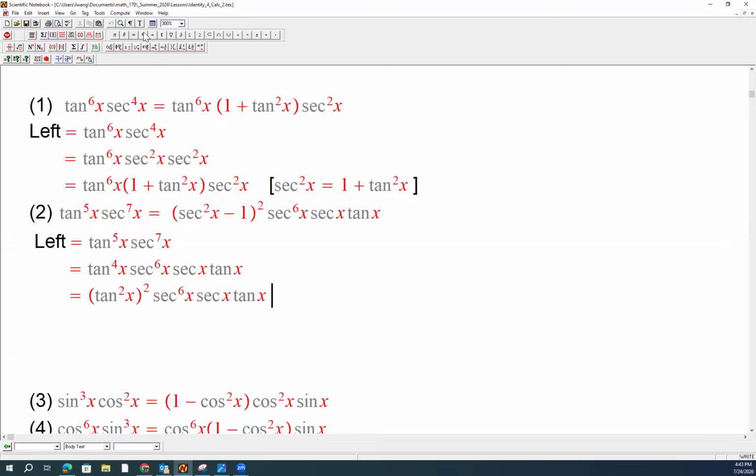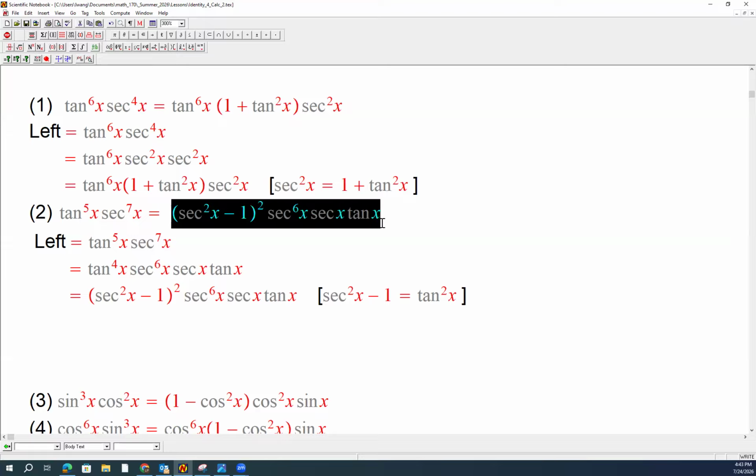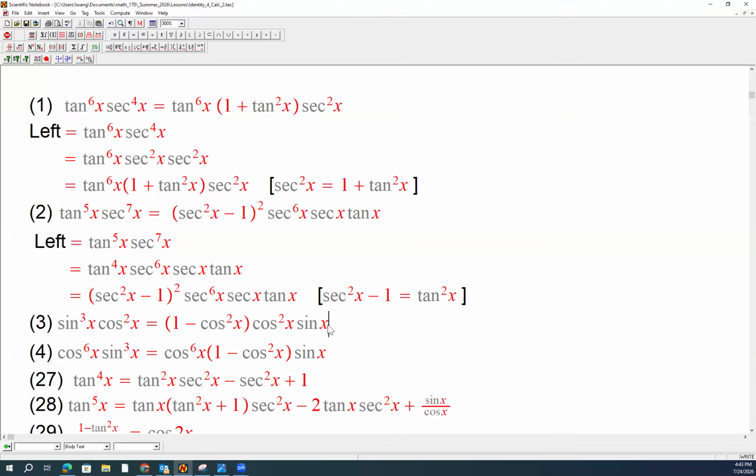From this relationship, we can express tangent squared as secant squared minus 1. We just have to subtract 1 on both sides. So tangent squared will be replaced by secant squared minus 1, and that whole piece will replace tangent squared. And we've got to the right-hand side. That's it. You're done. Number 3.